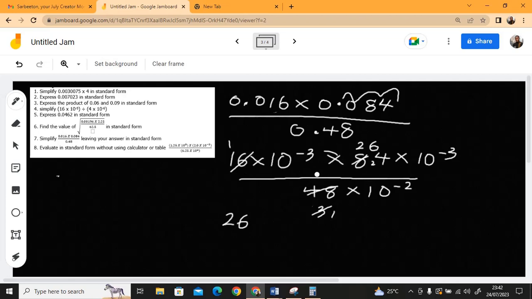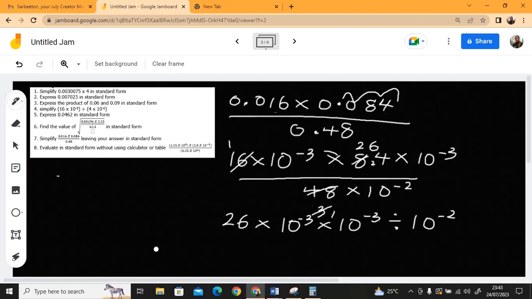Then let's deal with the base 10 numbers. So we have 10 raised to the power minus 3 times this one also, 10 raised to the power minus 3. Now this is over, means division, divided by 10 raised to the power minus 2.